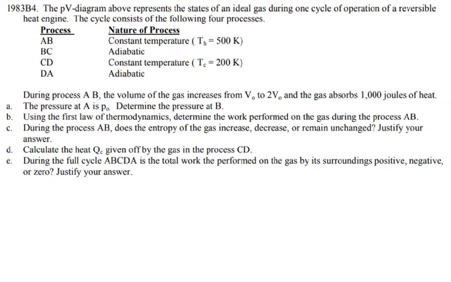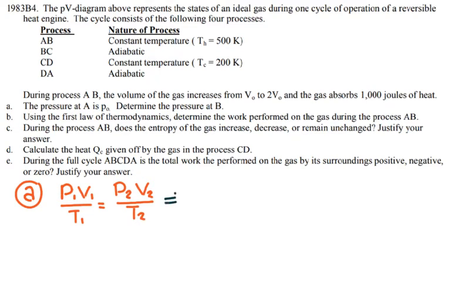So for A part, I can use PV over T is equal to PV over T, right? So I have the gas law, P1 V1 over T1 is equal to P2 V2 over T2.